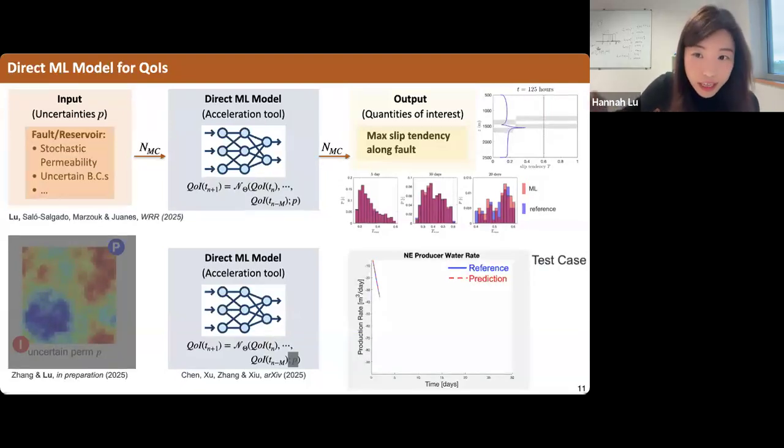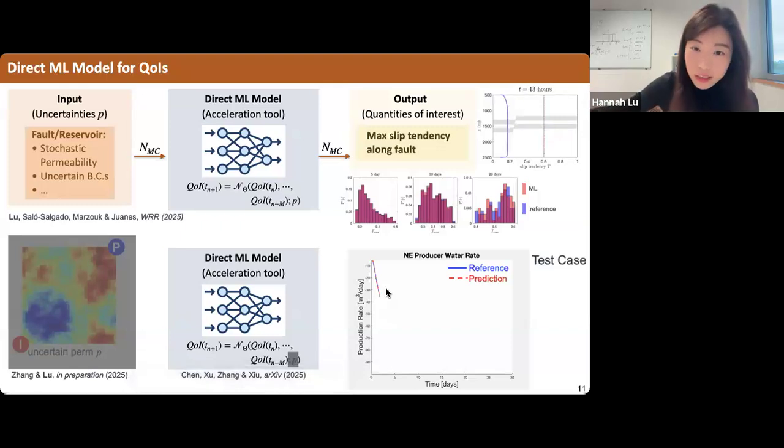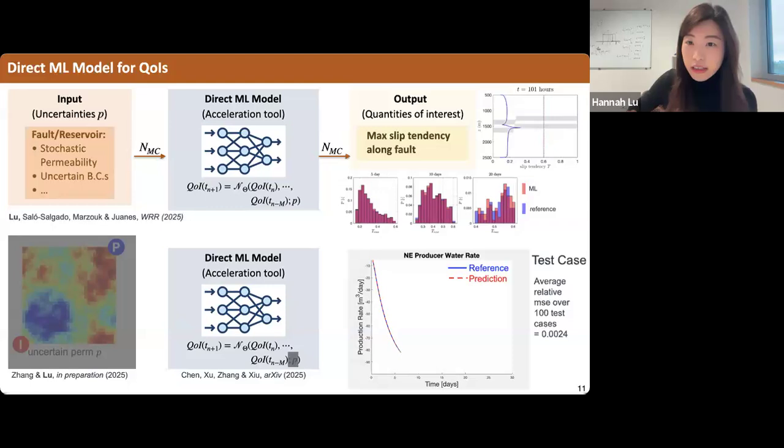Then in the testing phase, we only need a small time interval to start because we need the history. And then the model can do pretty good prediction afterwards, again, without the input of the uncertain permeability fields.